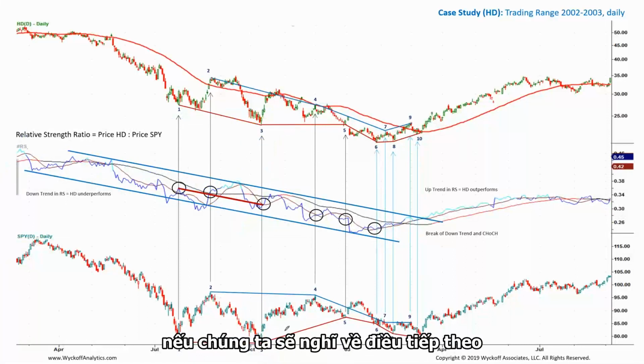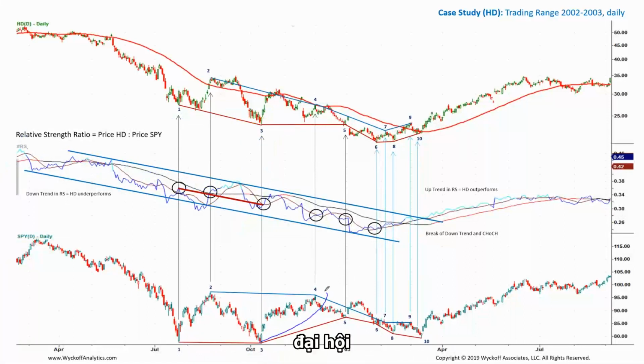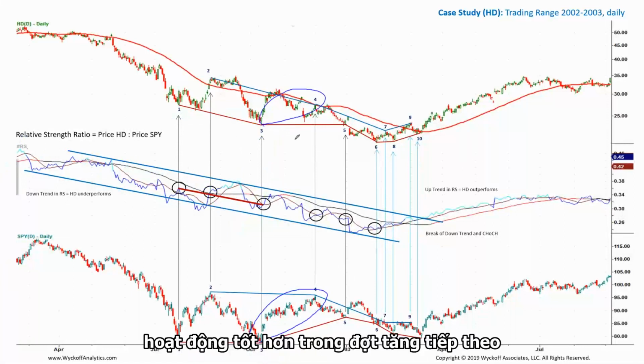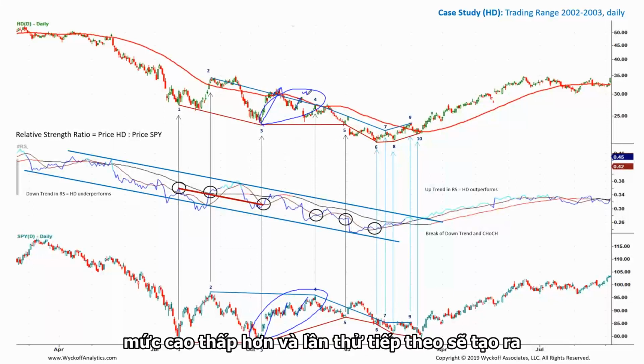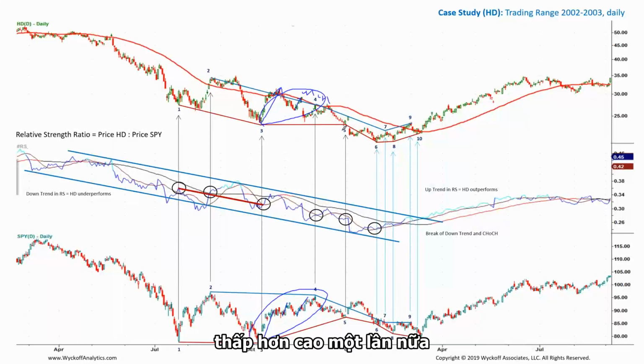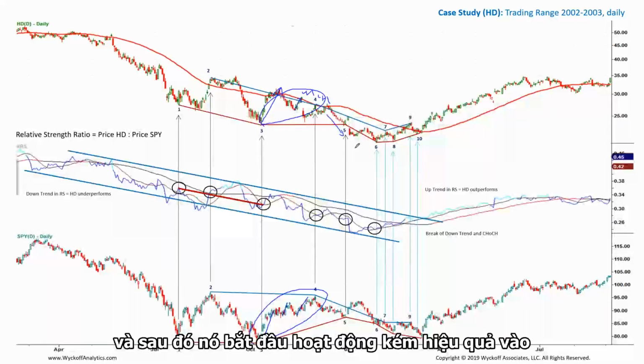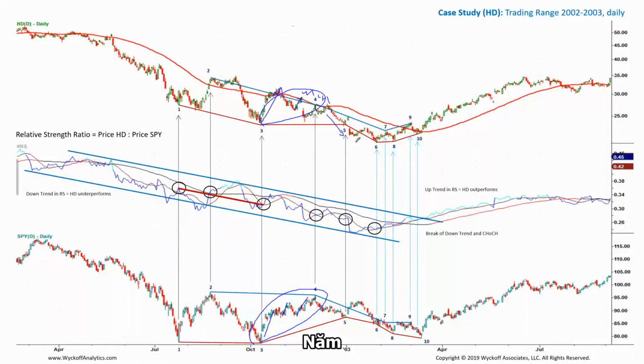If we think about the next rally, the market is outperforming on the next rally. It has one move up, second attempt, third attempt. The stock has one move up, and then the second attempt creates a lower high, and the next attempt creates a lower high again, and then it starts to underperform into point 5.